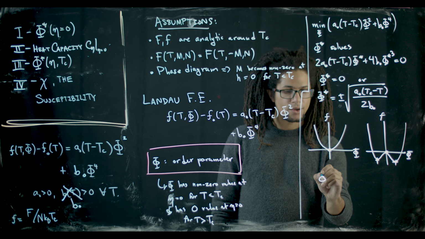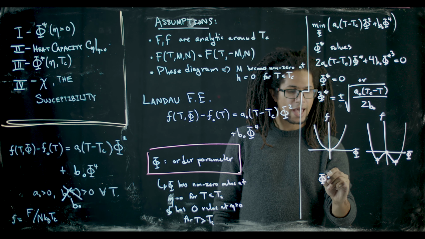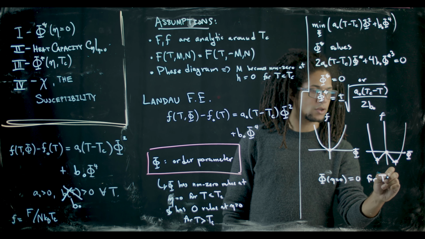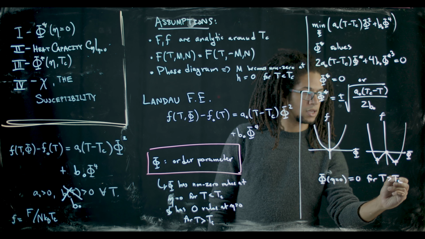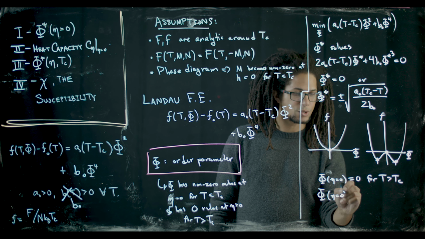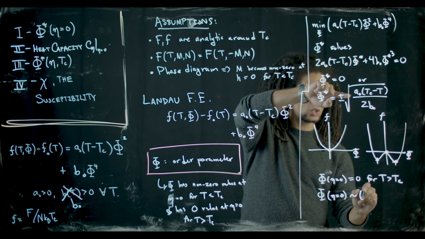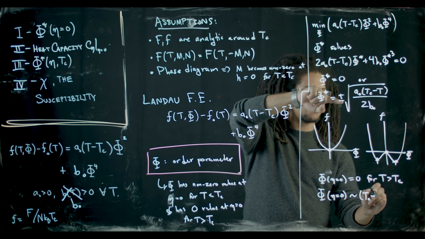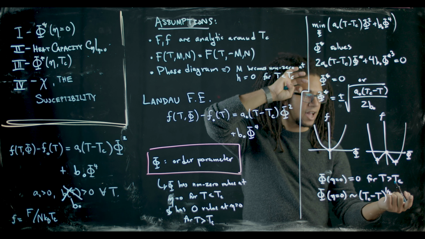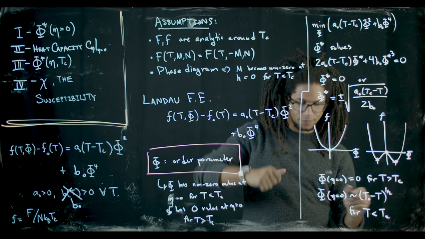The main thing that we want, actually, is that phi at eta equals 0 is equal to 0 for t greater than tc, but phi at eta equals 0 goes like the square root of tc minus t, or tc minus t to the 1/2, for t less than tc.